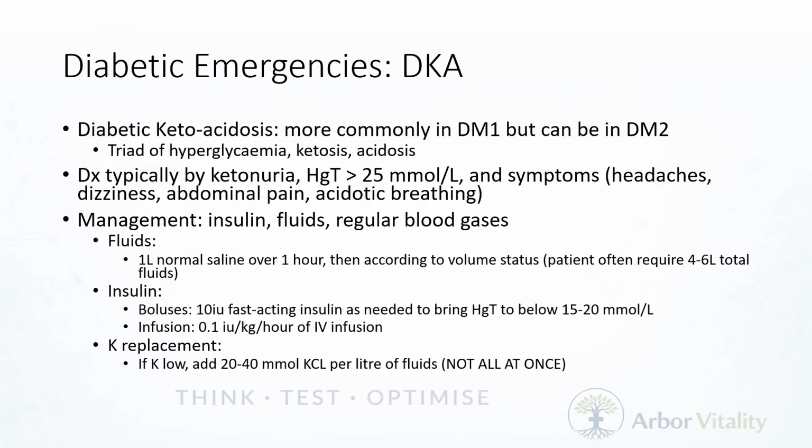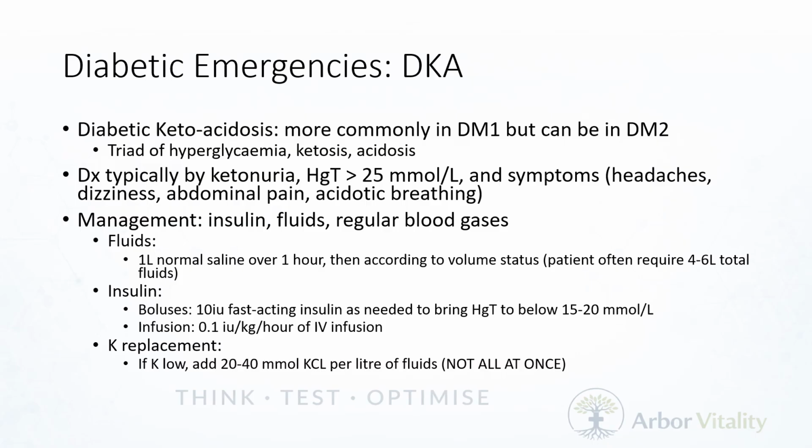Diabetes, while a chronic condition, can also cause emergency presentations. An example of this is diabetic ketoacidosis, called DKA. It's more common in type 1 diabetics, but can occur in type 2 diabetics. It's a triad of hyperglycemia, ketosis, and acidosis.